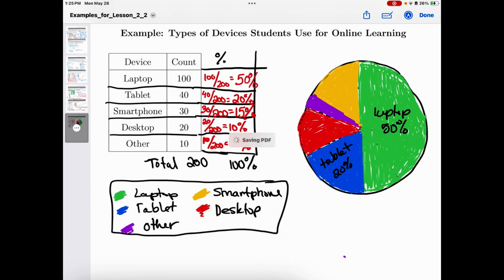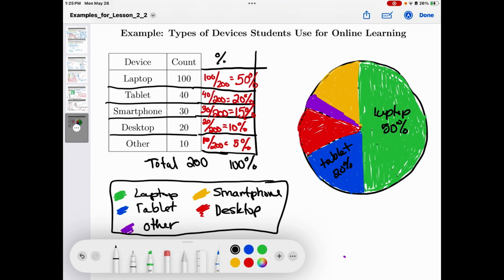What was that? That was 20%. So you can label it on here as well, but sometimes the slices get small enough where you might not want to do that. So pie charts are a great way that you can see how the whole is broken down into its categories by proportion.